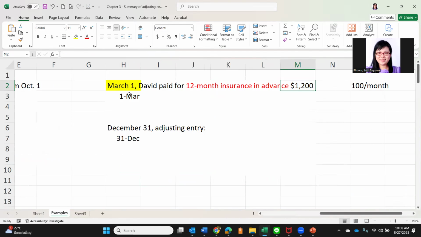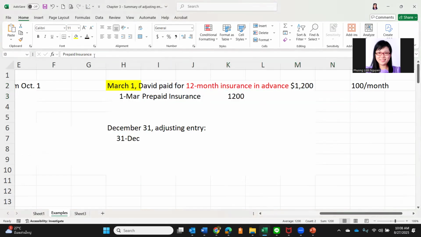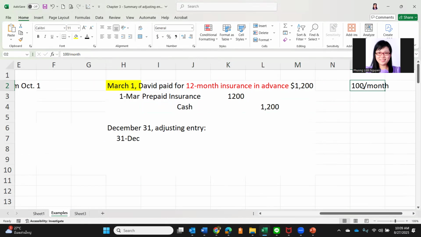So on March 1, as we learned in chapter 2, we're going to debit prepaid insurance and we credit cash because we pay money. The insurance would be 100 per month, right? 1,200 for 12 months, so it's going to be 100 per month.